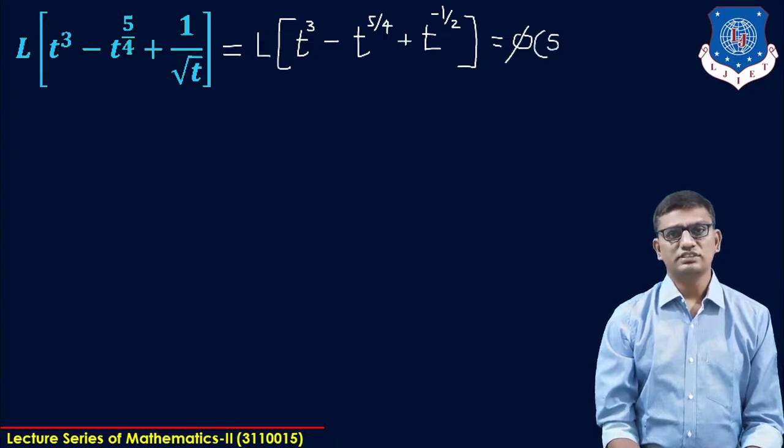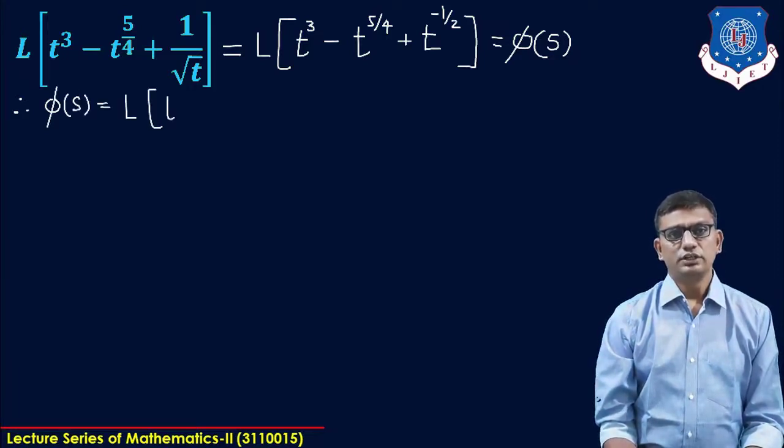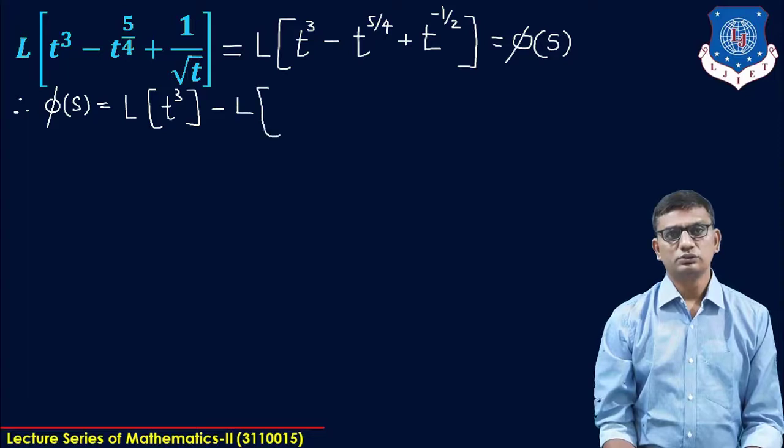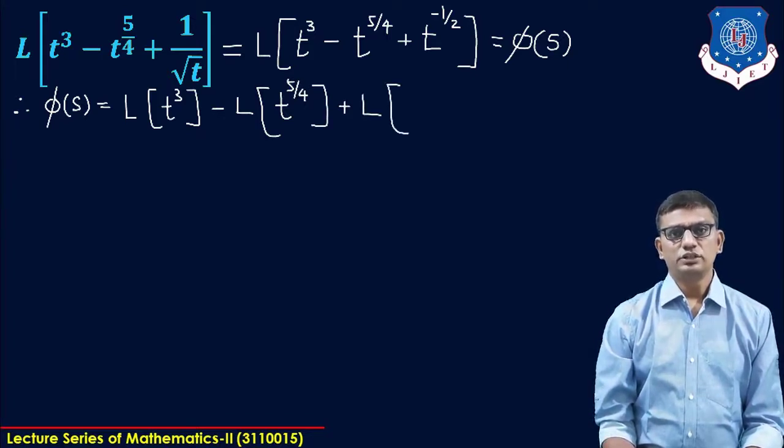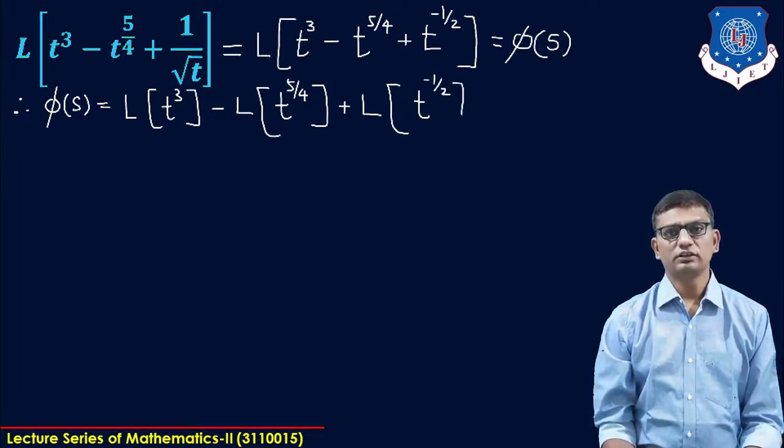Now we will separate the Laplace in each term, that can be written like this. Therefore we have phi of s equal to Laplace of t cube minus Laplace of t raised to 5 by 4, which is a fractional power, plus Laplace of t raised to minus 1 by 2, which is also a negative fractional power.